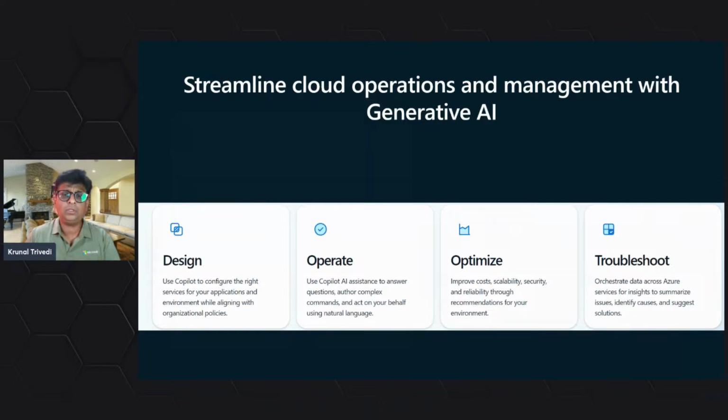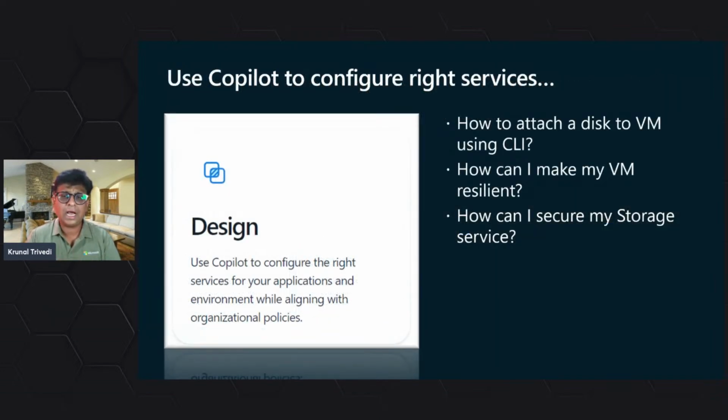If we talk about the design phase, you can ask Copilot, "Hey, how do I attach a disk to the VM using the CLI?" It will provide KQL for you. Ultimately, you get an Azure Resource Graph query, and then you have to execute that query and you will get the desired task done. You can ask it, "How can I make my VM more reliable, resilient? How can I secure my storage services?"